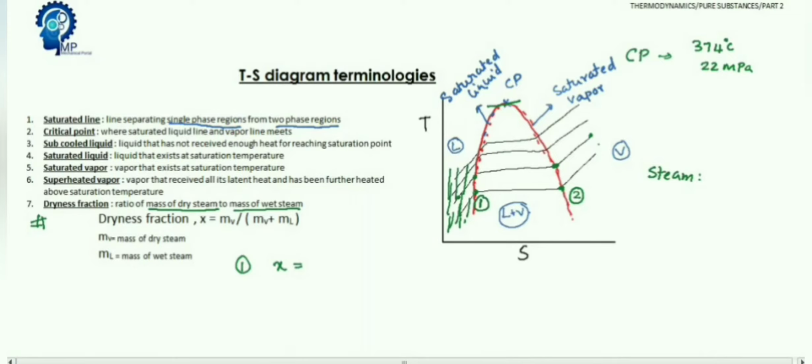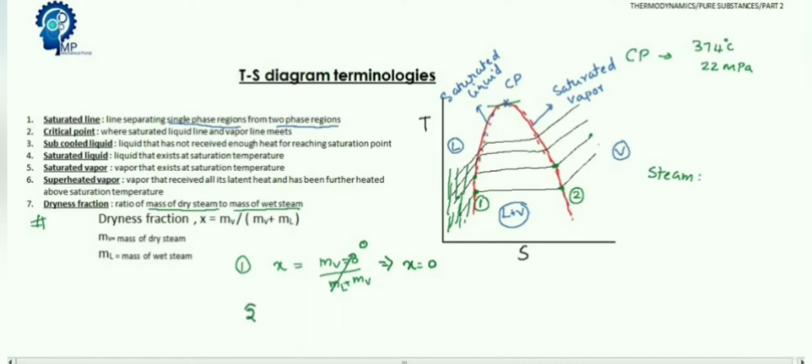Here dry steam is not there; this is wet steam because water is present. So the mass of dry steam is 0, divided by the mass of wet steam plus the mass of dry steam, which becomes 0. So we have a dryness fraction at point 1, on the saturated liquid line, of 0.